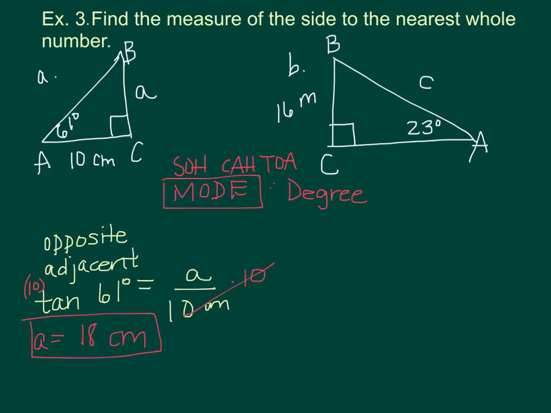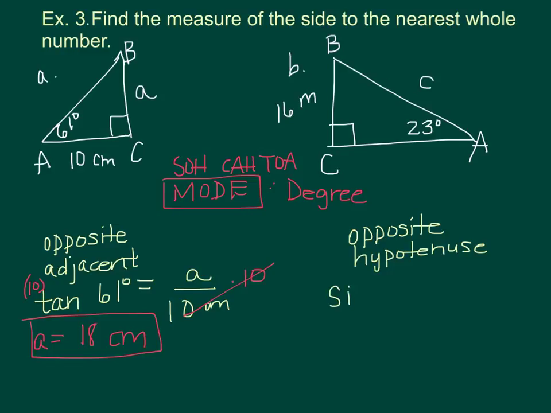Okay. B, we're looking at angle 23 degrees, and we notice that we have the opposite side labeled, and we have the hypotenuse labeled as C. The only trig function that uses these two ratios is sine.